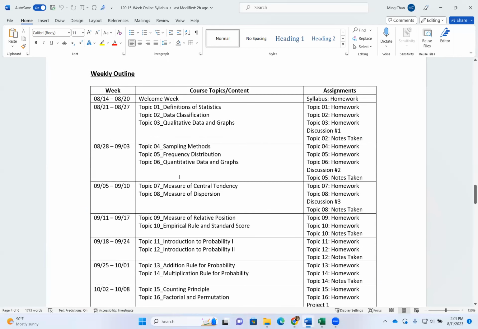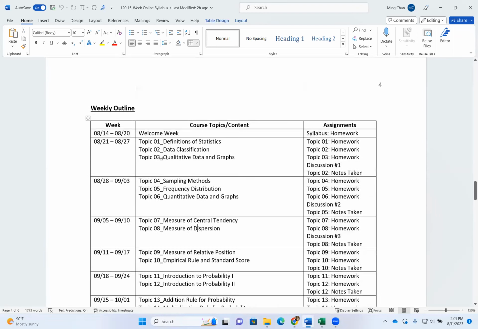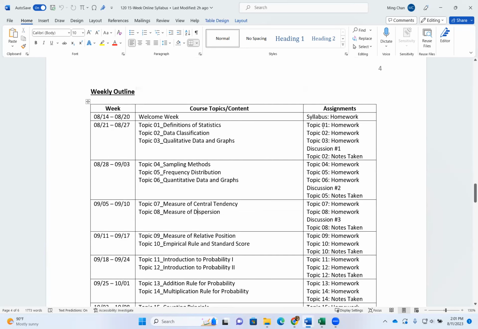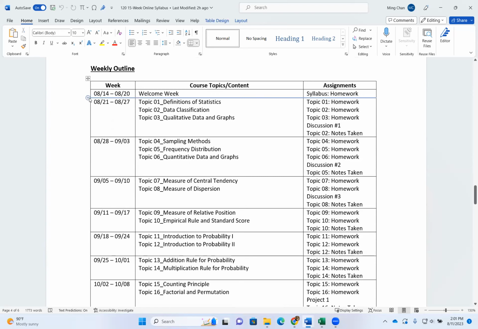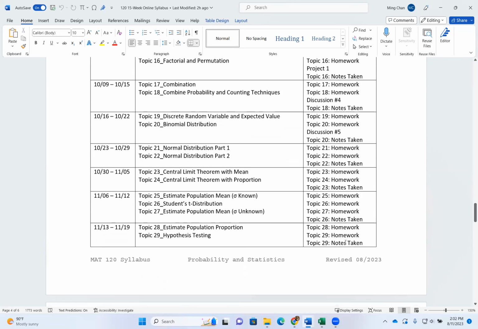The table of contents in D2L is basically the same as the weekly outline right here. The weekly outline tells you what topic we'll cover and what homework assignment you need to do for that week. So please stay as close as you can to the weekly outline, okay? Because you don't want to pile up a lot of homework toward the end of the semester and then be rushed.